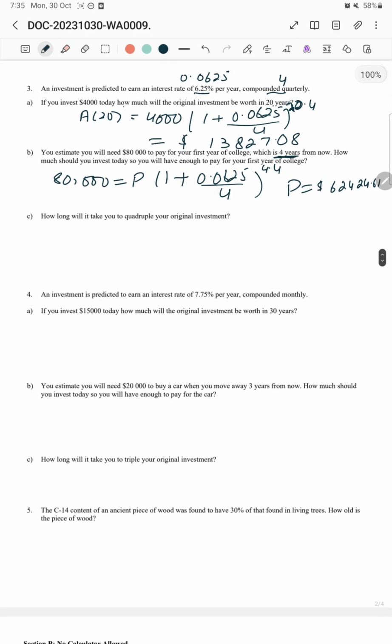How long will it take? Now how long means you need to find out time, and time means you need to find out t in A of t.